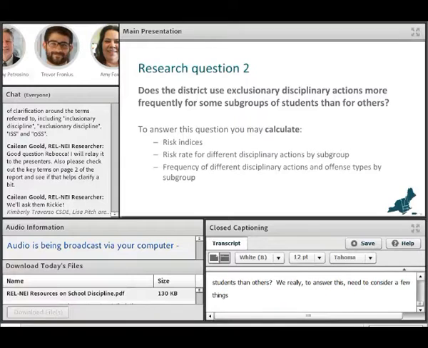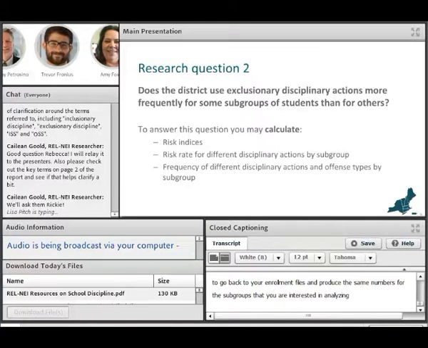In addition to identifying the appropriate student subgroup that we want to look at, in this case race and ethnicity, we also need to produce enrollment frequency counts and percentages by these student subgroups. The enrollment totals are needed for the analyses that we'll discuss in a little bit. So in addition to the total student enrollment, you'll need to go back to your enrollment files and produce the same numbers for the subgroups that you're interested in analyzing.